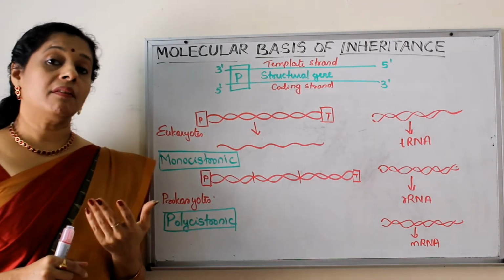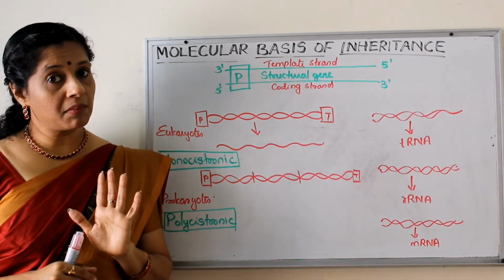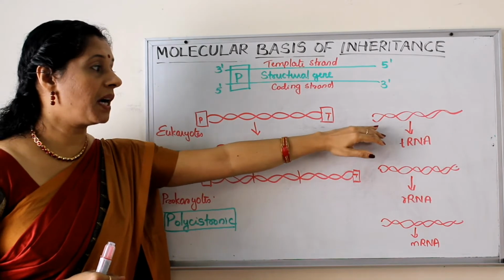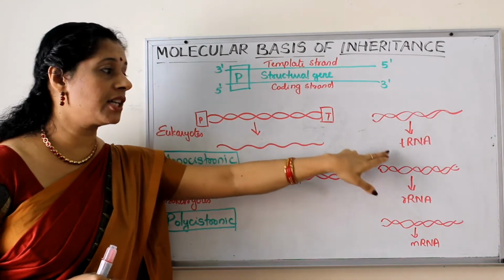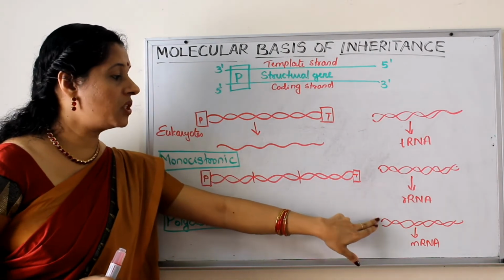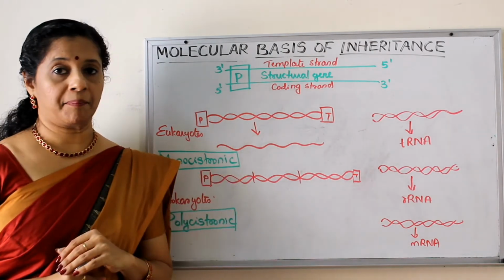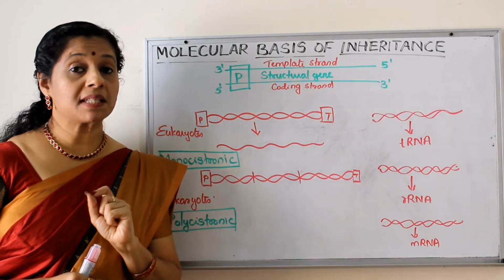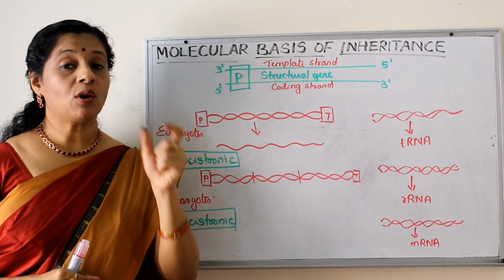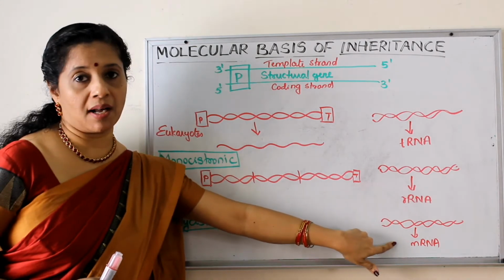So from where are they forming? All of them are forming from gene only, structural gene. Some genes can give rise to tRNA, some genes can give rise to rRNA, some genes can give rise to mRNA. But we are now specifically talking about protein synthesis where RNA coding for protein is mRNA.